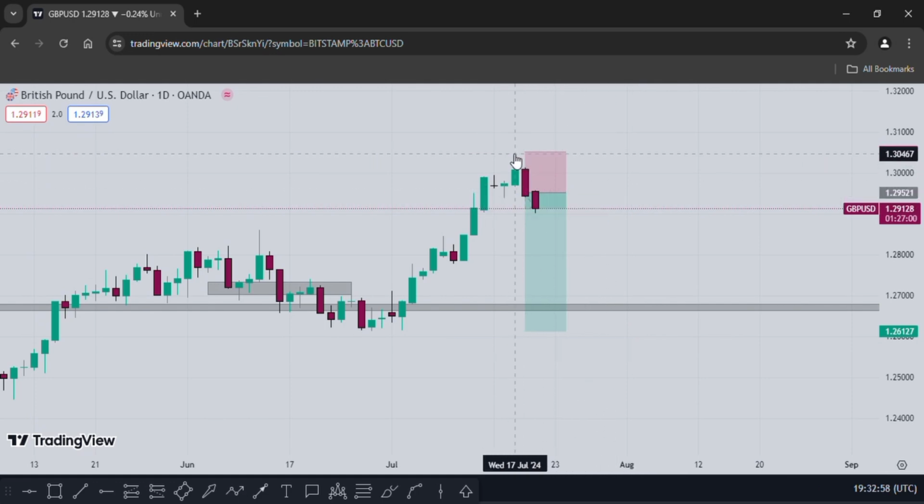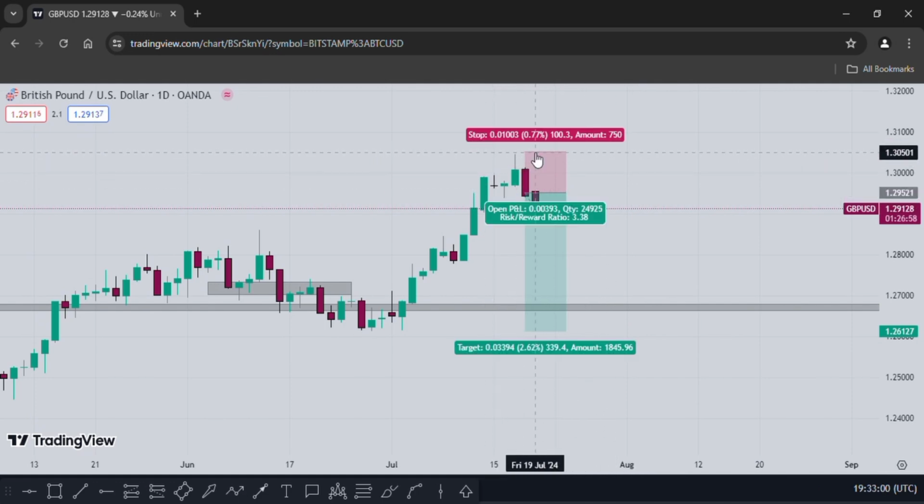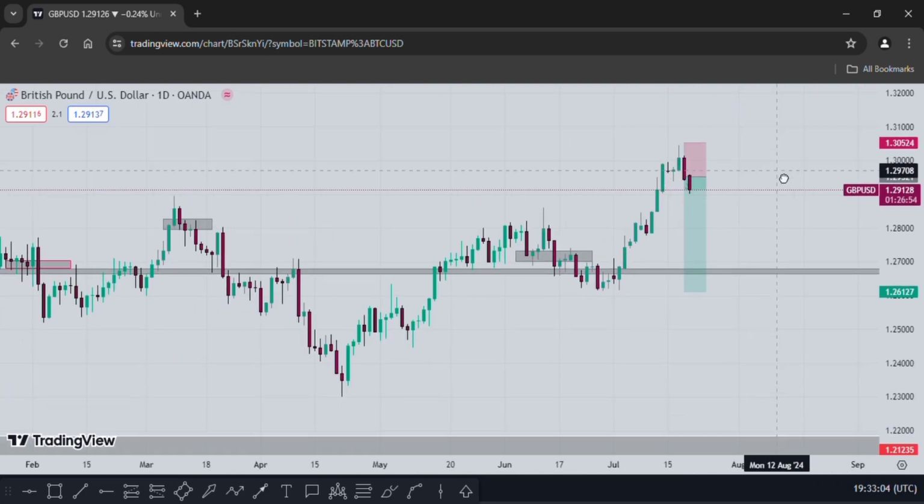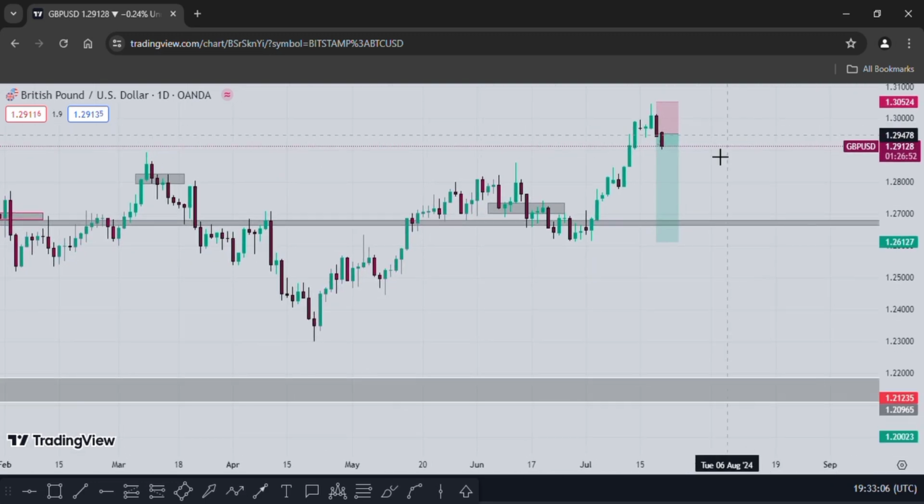My stop loss is always above the consolidation. Ideally, if this is a fake out, I'm supposed to hold this trade all the way to this support over here.